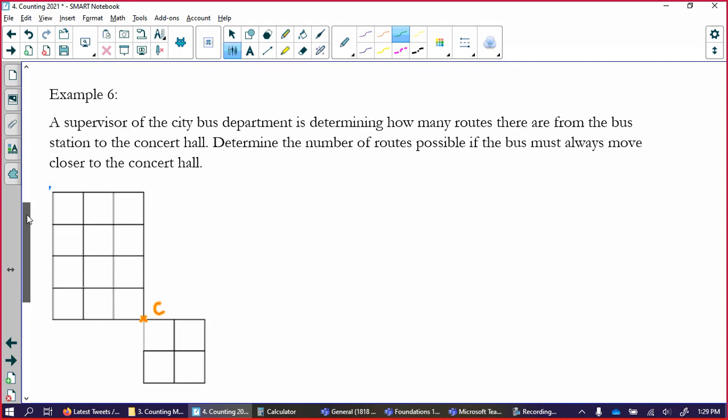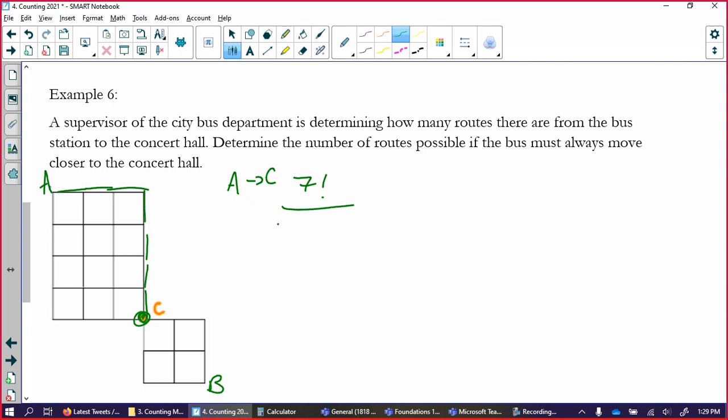Really the idea is to get from here to here, but we have this intermediate pinch point. So to go from A to C, you have to travel 7 blocks.